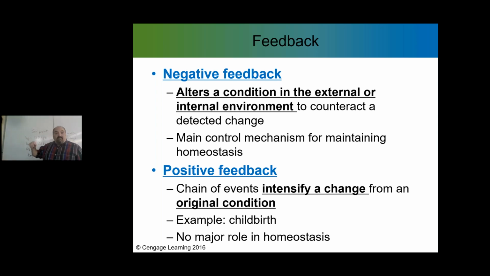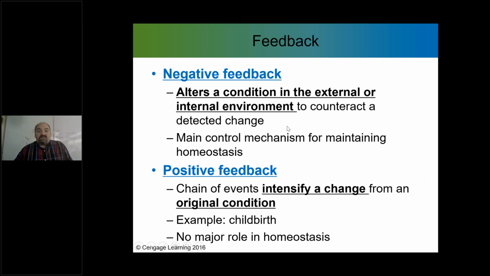You understand? If my temperature is too high, if my temperature is too low, the body will do something to raise the temp or to lower the temp, bringing it back to that set point within a healthy range. That's negative feedback. That's how primarily the body functions, via negative feedback.